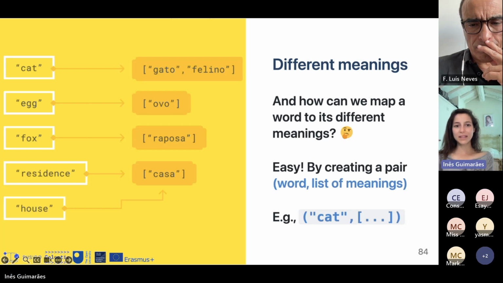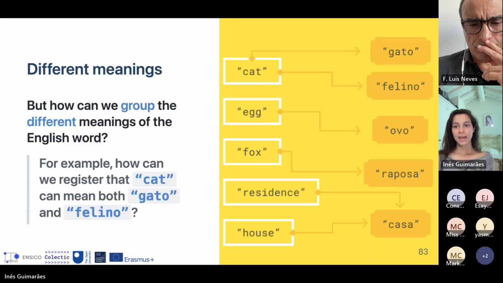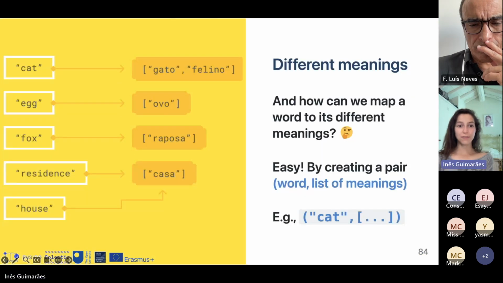So please take a look at the difference between these two diagrams. Here in the diagram on the right, you can see that cat has two arrows leaving it: gato and felino, two meanings. But here on this left diagram, there's only one arrow leaving each name on the left.